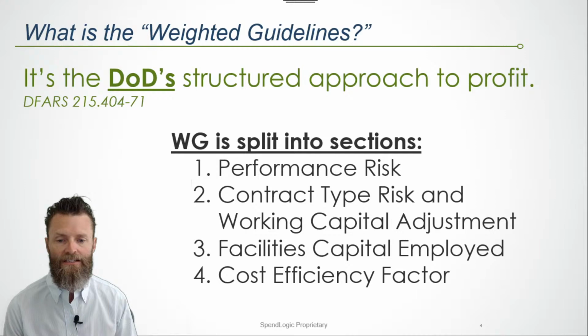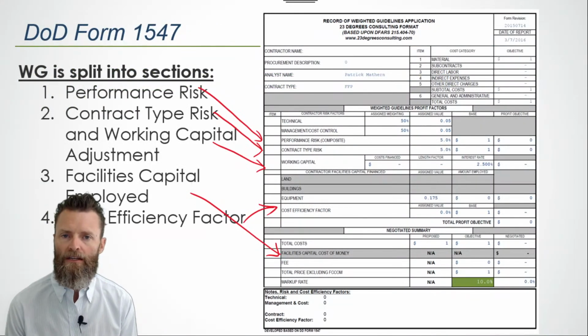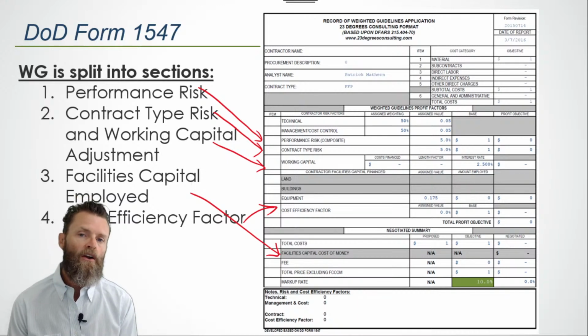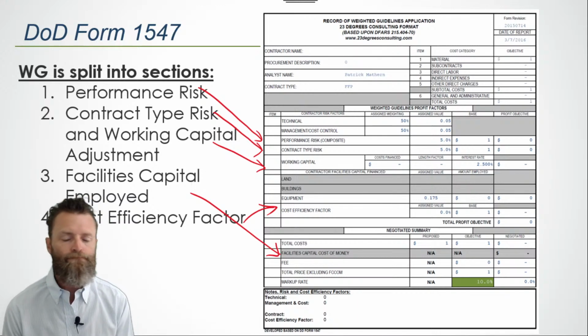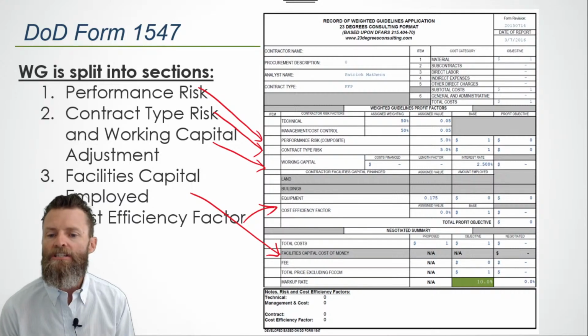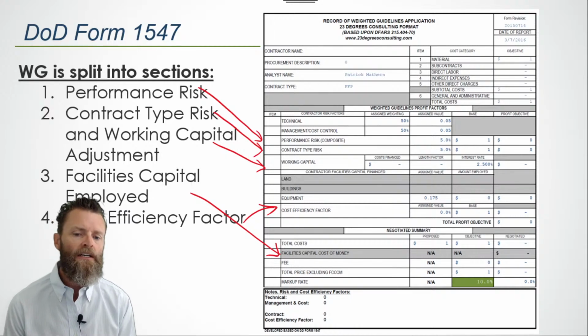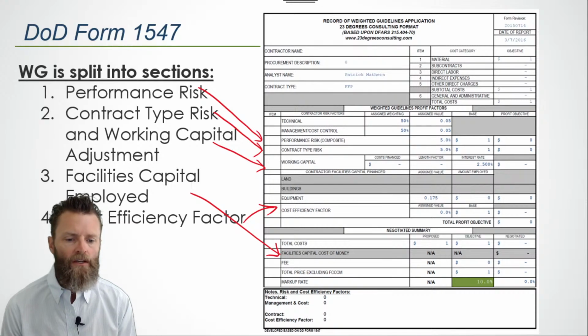So we're going to go into each of those in detail, but before we do that, I want to show you, for those of you that have been in contracting here for a while, you may recognize this form on the right. This is something that we actually built internally, but it looks very, very similar to the 1547 that the DoD uses. There's a few subtle differences that a trained eye would recognize. But for the most part, on the left-hand side, you see the performance risk, contract risk, all of the things that the weighted guidelines takes into account, and you can see exactly where each of these occurs on this form.